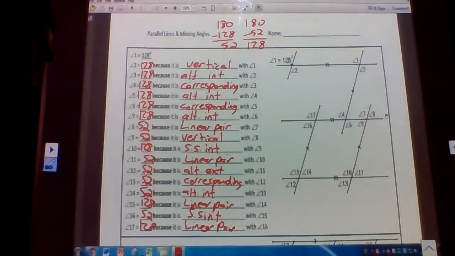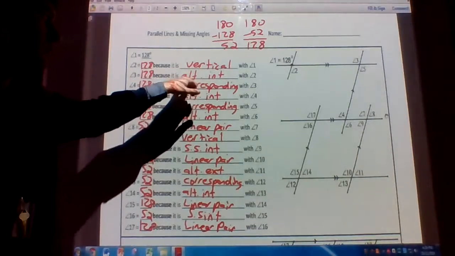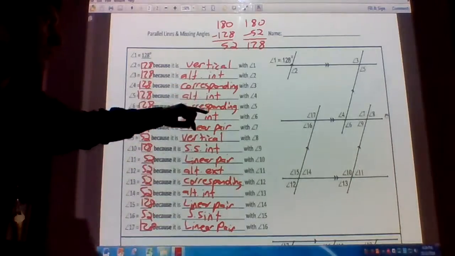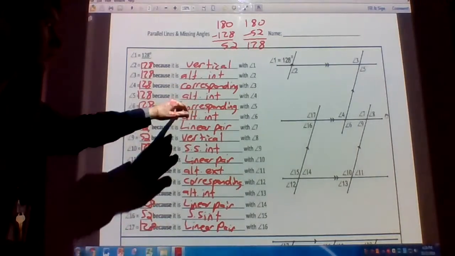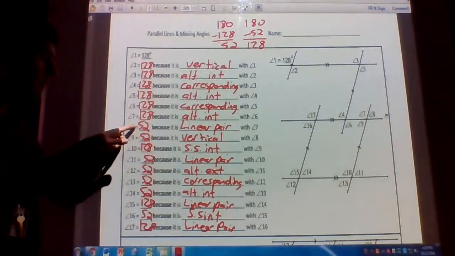Fairly straightforward. It's just identify and we know which ones, right? Vertical angles are congruent. If the lines are parallel, alternate interior are congruent, corresponding are congruent. Linear pairs are always supplementary.